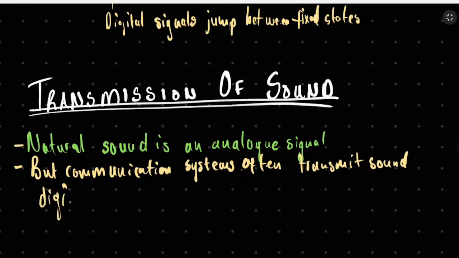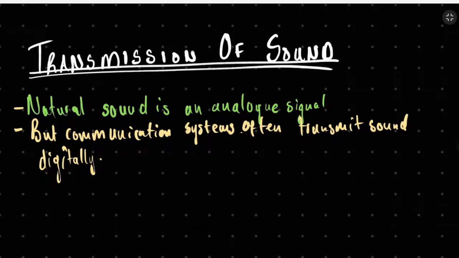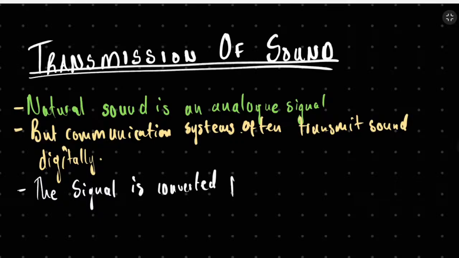I just have to quickly cover this, because there's a question that comes in past papers, so I want to make sure I don't leave anything out. I want you to say, the signal is converted before transmission from analog to digital for transmission. Are we together?